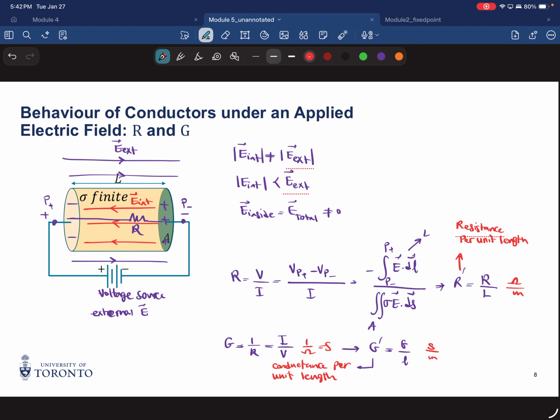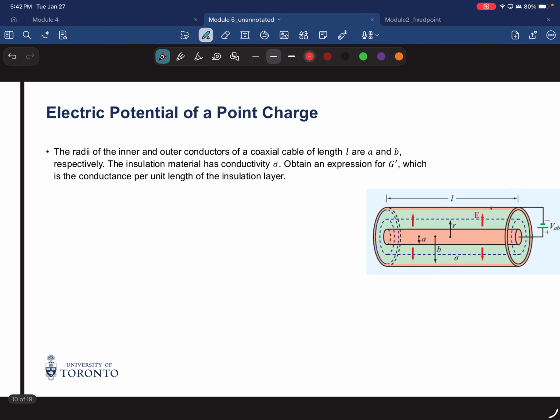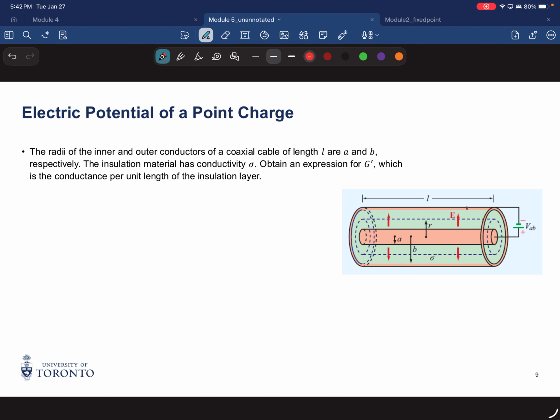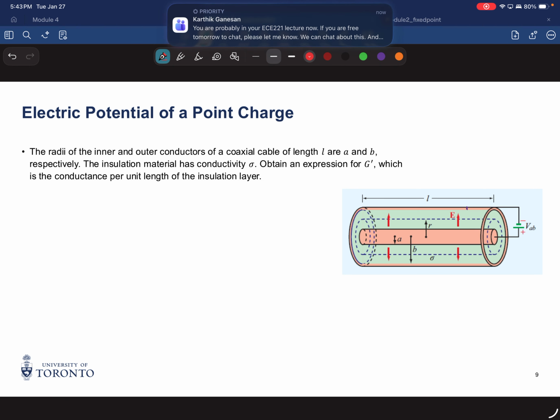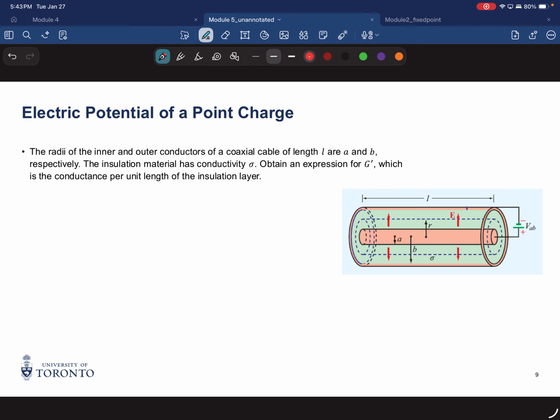Okay, let's solve an example and see this in practice. Okay, we have 2 conductors. In between them, there is a material with finite conductivity of sigma. And we want to find the resistance between the conductors. First thing first, I want you to pay attention that this geometry can be set up in another way.